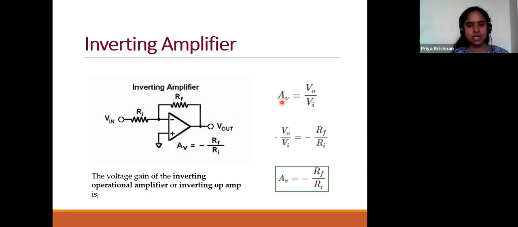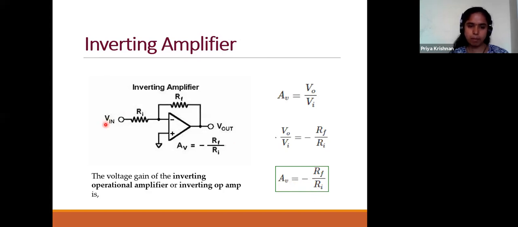We know gain is equal to output by input, so Vout by Vi is equal to minus Rf by Ri, as we have 2 resistors in the network. In this case, if both the resistors Rf and Ri are the same, then my voltage gain will be equal to 1.